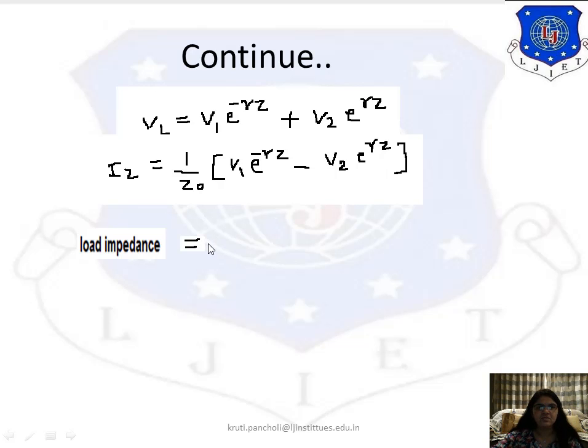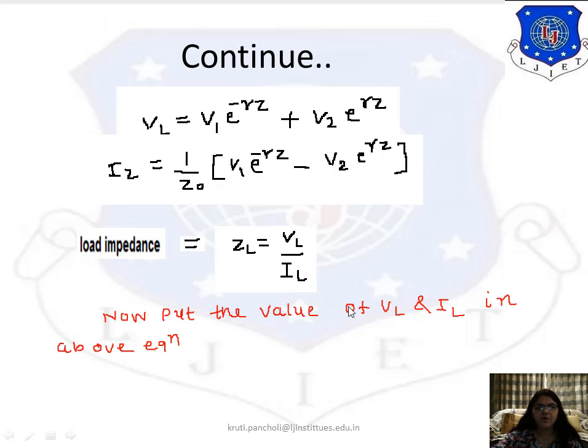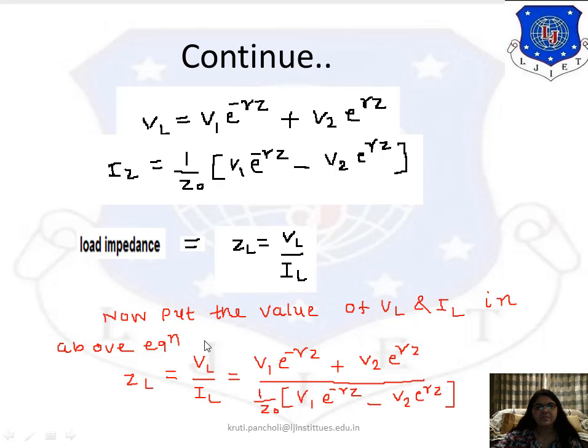Now the load impedance ZL is equal to VL upon IL. Put the values of VL and IL in this equation.